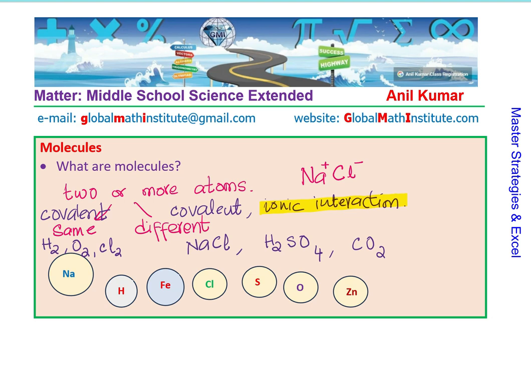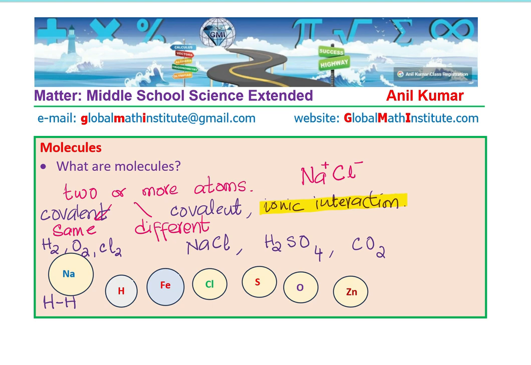In case of covalent bonds, when I have to show hydrogen combining with hydrogen, we draw this line, which is a covalent bond. So, whenever bonding is there, we represent it with a line.